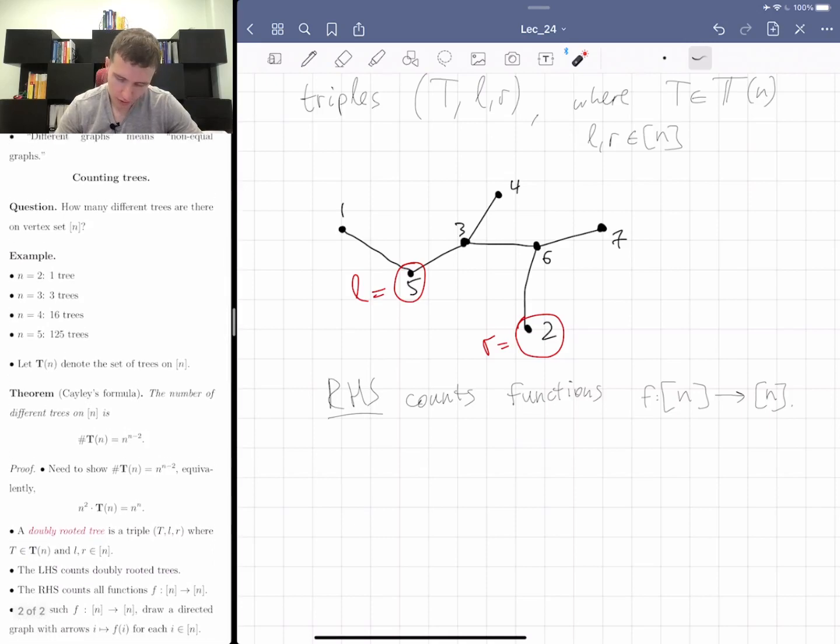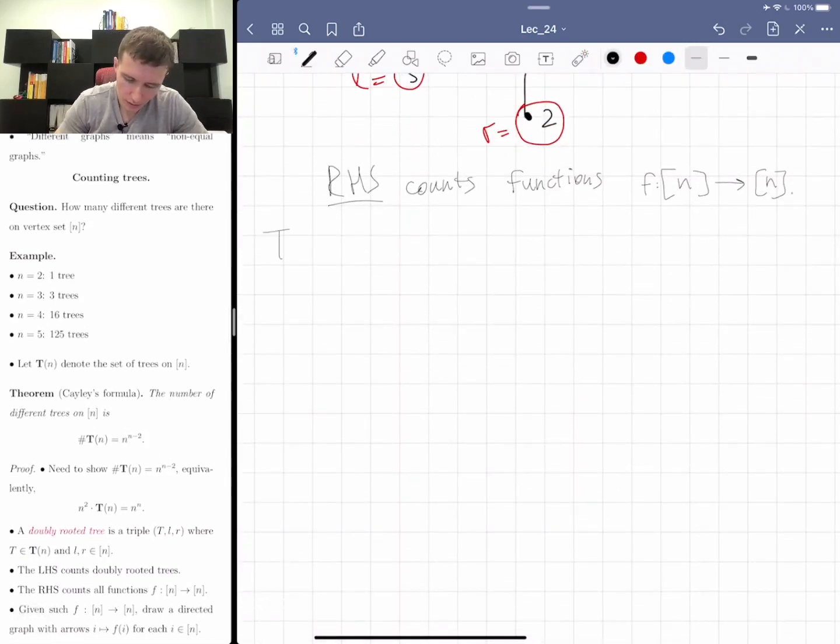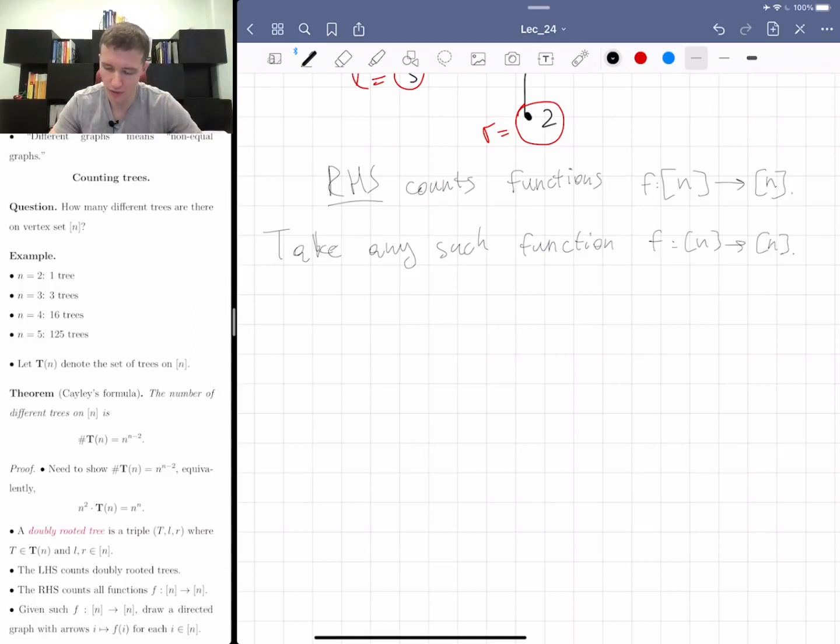What I'm going to do is take any such function f. It doesn't have to be injective or surjective or bijective, just an arbitrary sequence of n numbers. And then I'm going to draw it as a directed graph. So maybe I should try an example. Let's say 1 through 8.